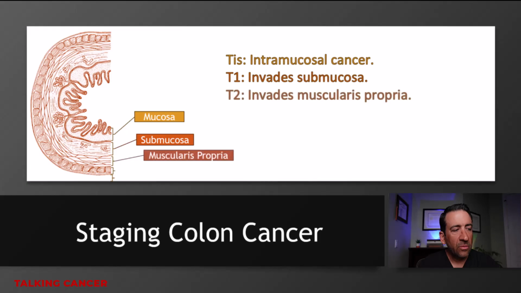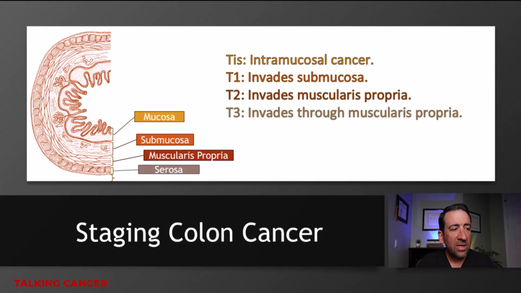If that cancer went and penetrated the muscular layer, but it did not go through the muscular layer. So it started in the mucosa, submucosa, and went into the muscularis, but it did not go through the muscularis. That's a T2 tumor. And if it went through the muscular layer, then it's a T3 tumor.